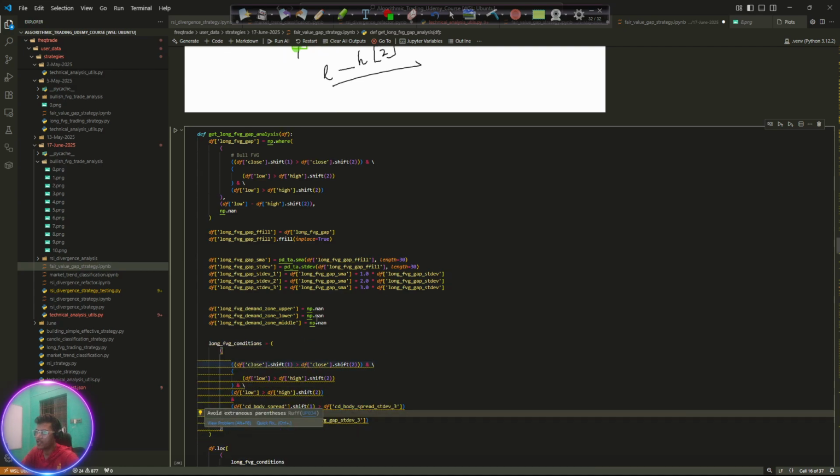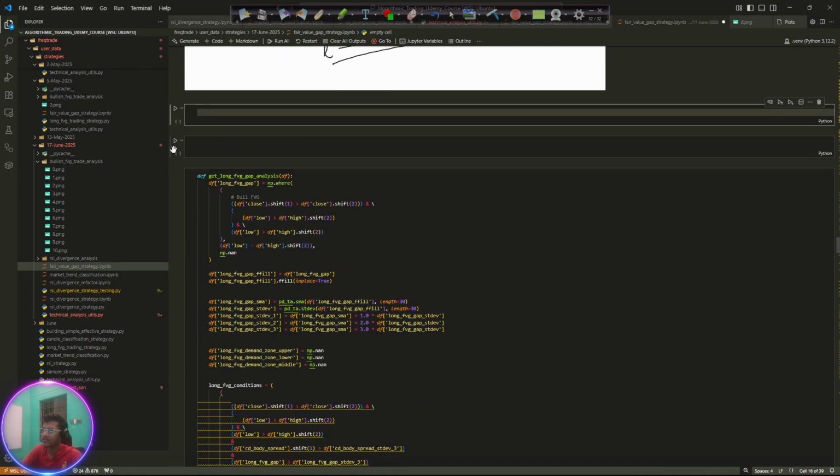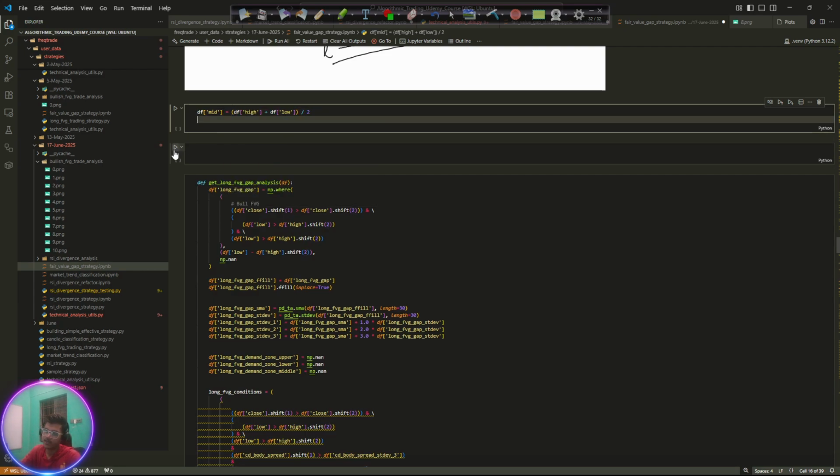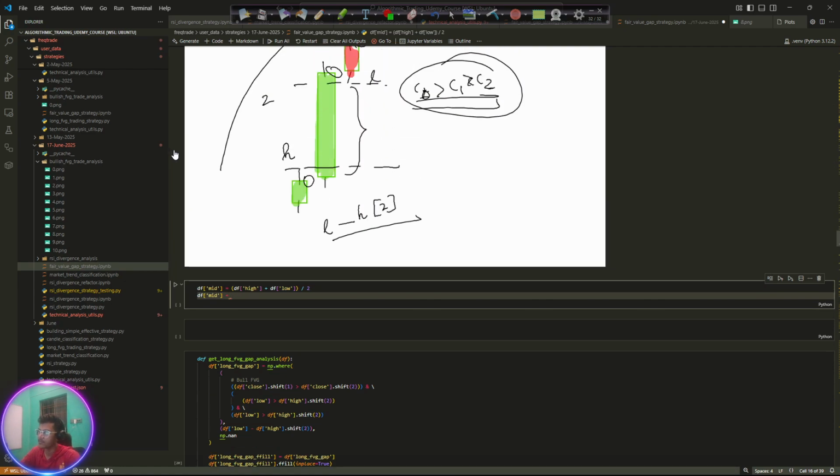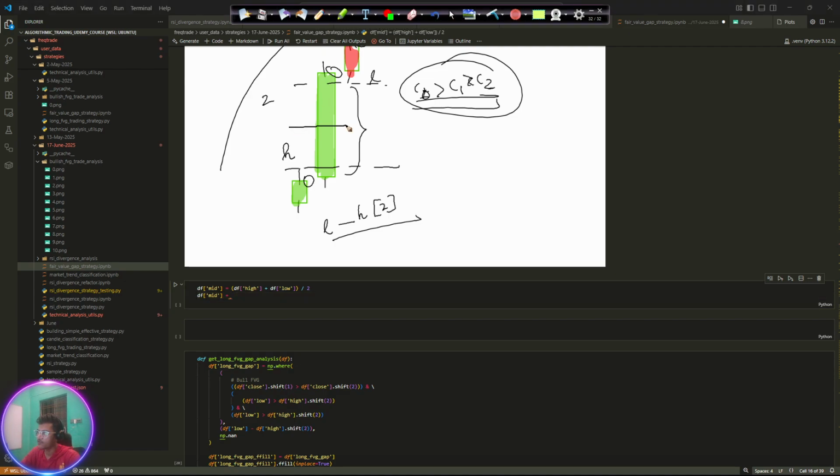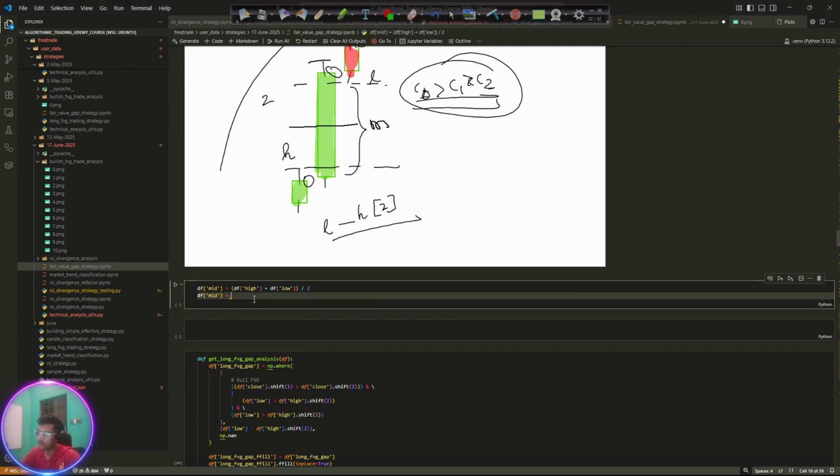Okay, and here only I'm going to first divide the candle. So just get high and low divided by 2. Your midpoint, right? Then take the half of that. So mid plus high by 2. That's your mid plus high by 2.